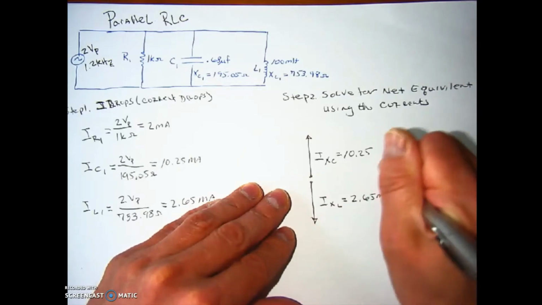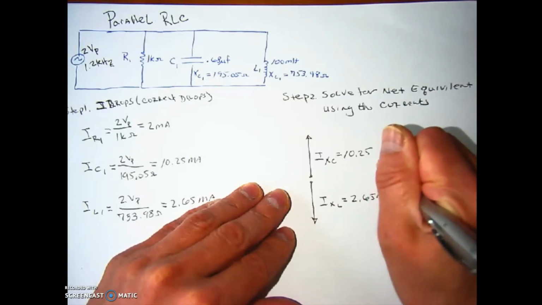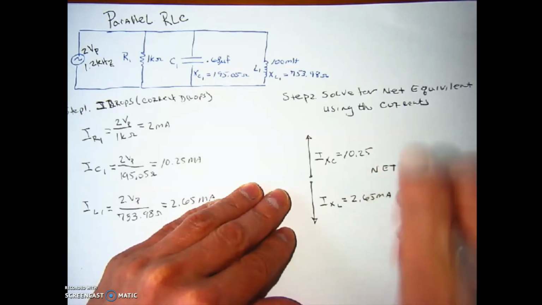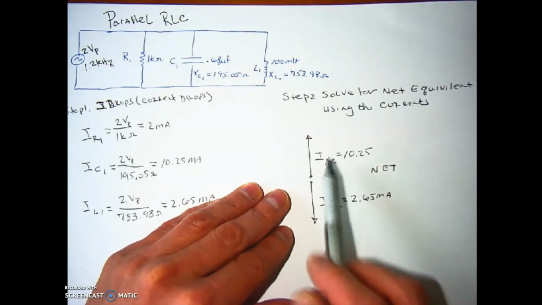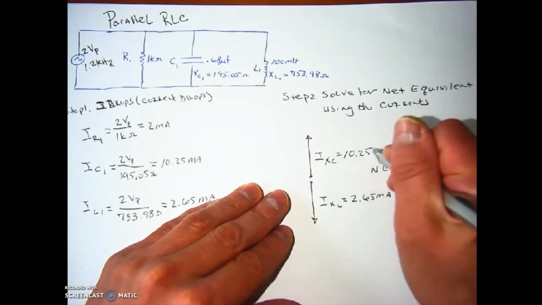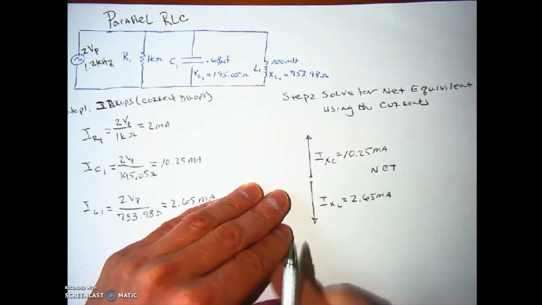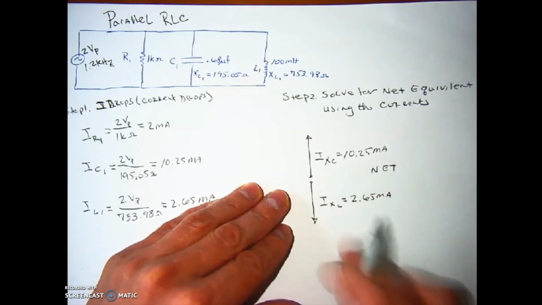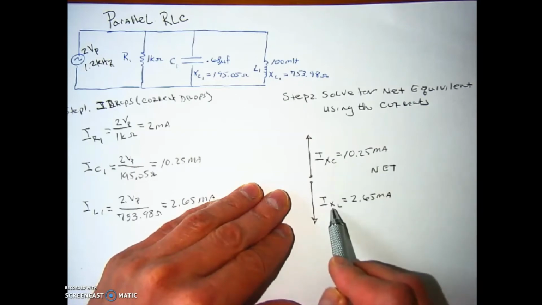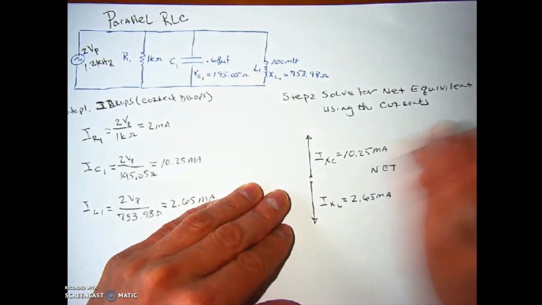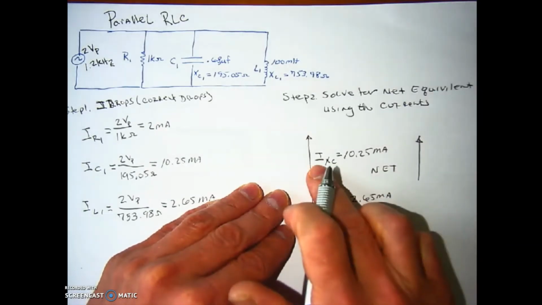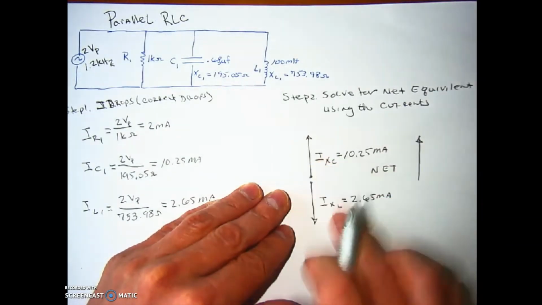What we call the net, I'm going to put it on this side right here, is going to be subtracting the smaller current from the larger current. In this case, since our capacitive current is larger than our inductive current, the phasor is going to be pointing upwards because the capacitance current is a lot larger than the inductance current.